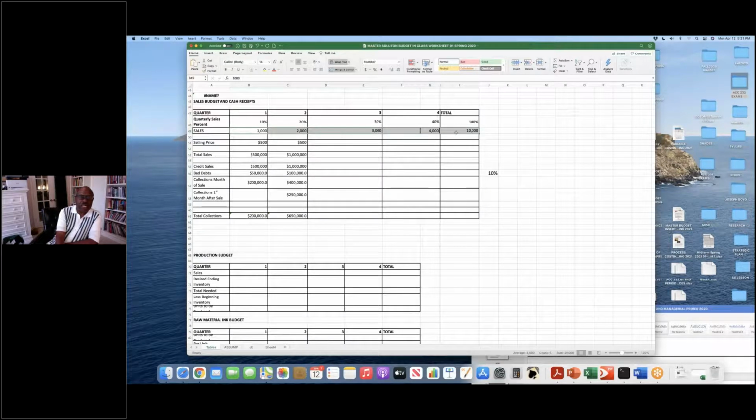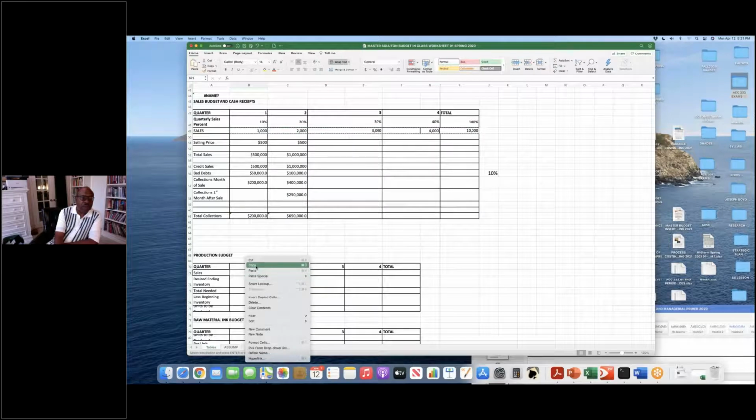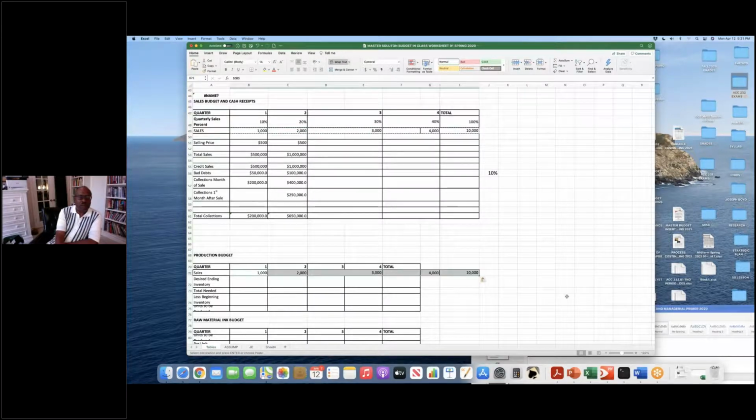Now, whatever these sales numbers are on this document, on the sales budget, we're going to copy them, and guess what we're going to do? We're going to paste them on the production budget.